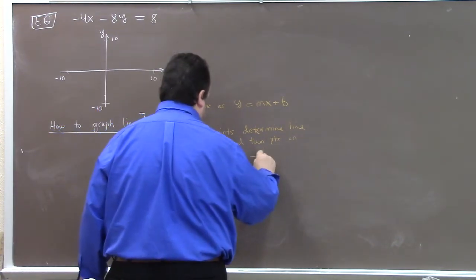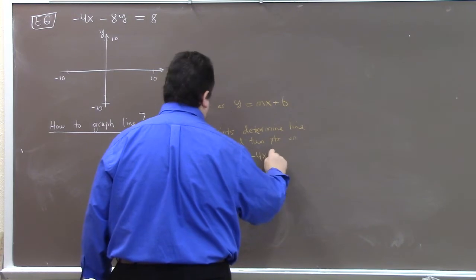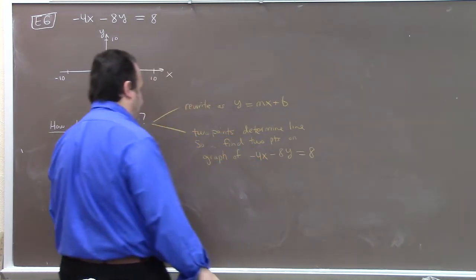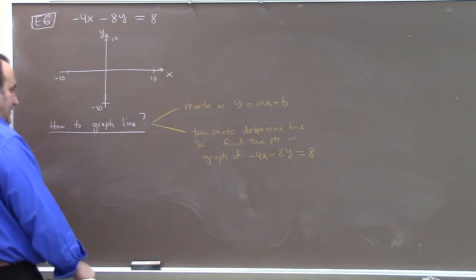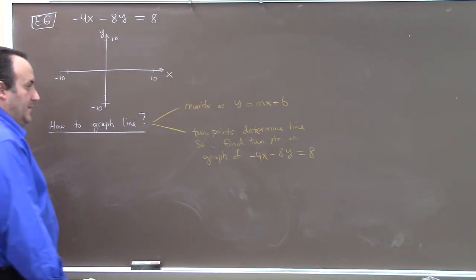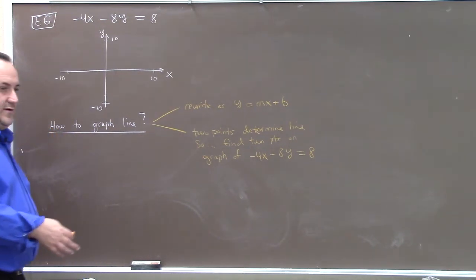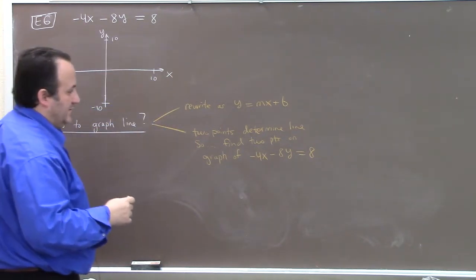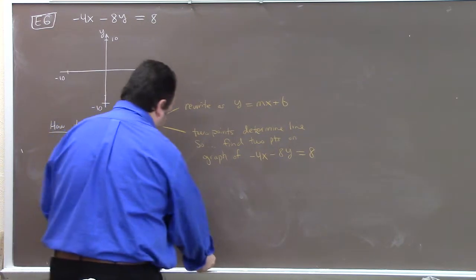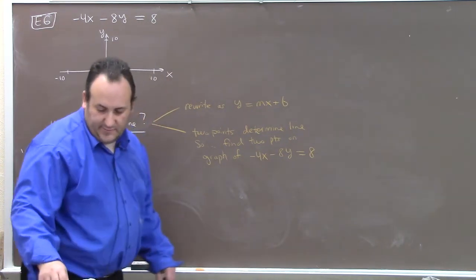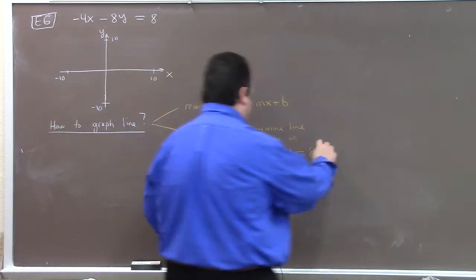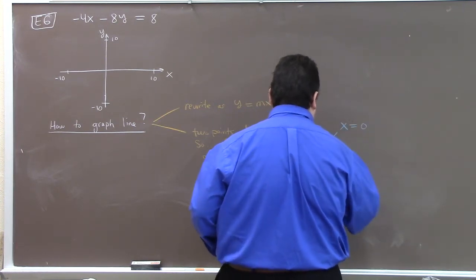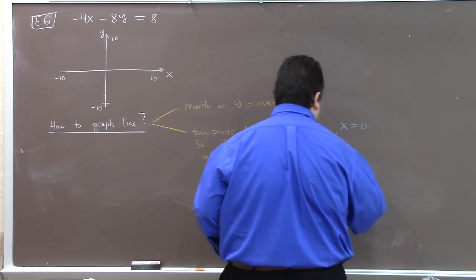Minus 4x minus 8y equals 8. And if I was going to do this, the laziest thing to do is to find the points where it crosses the y-axis and the x-axis, right? So like my 2 points, because I'm lazy, I would do x equals 0, and I would do y equals 0.